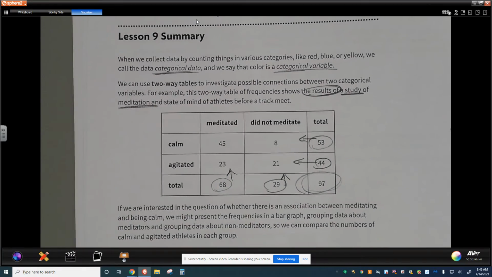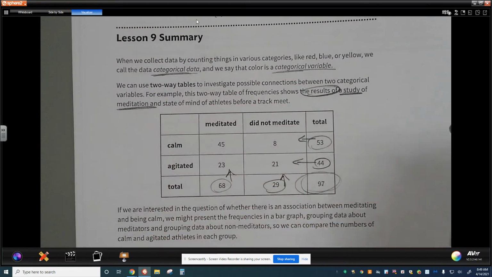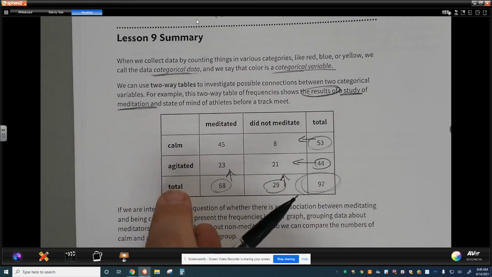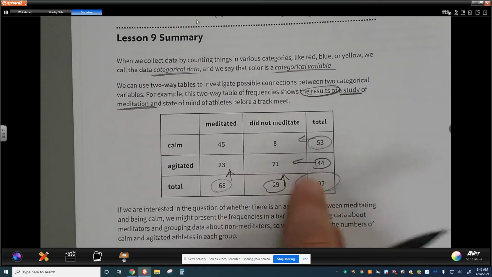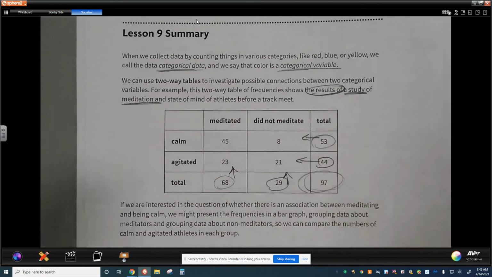So when we look at a two-way table, we really have to look at how is everything listed. This one's a little different than what we saw with the segmented bar graph, because this total is representing the bottom. We can't do that with the segmented bar graph. So if we're really interested in questions of whether things are associated or not, like with this one, meditating and being calm, we might represent the frequencies in a bar graph.